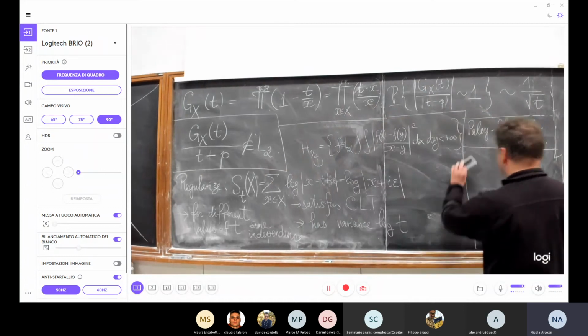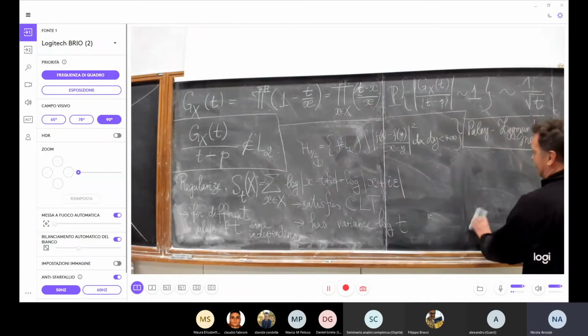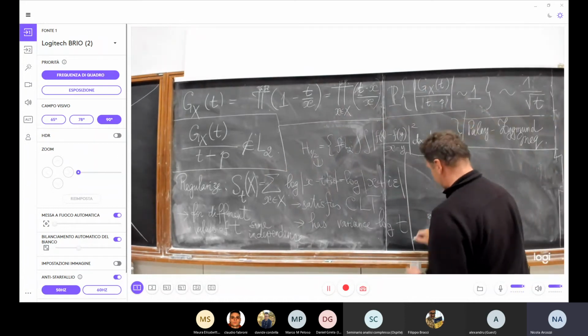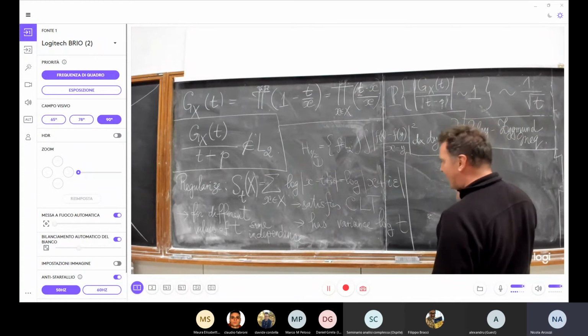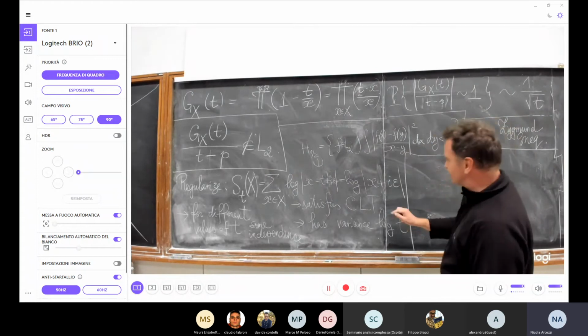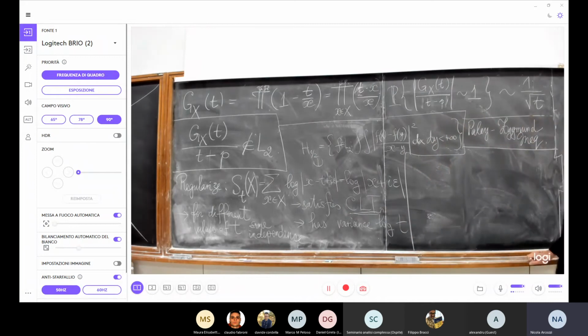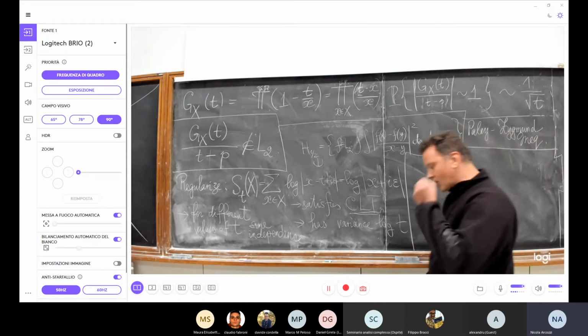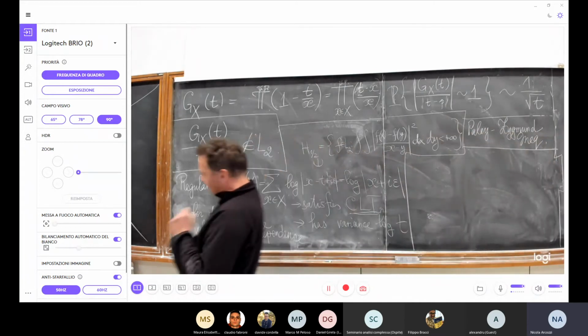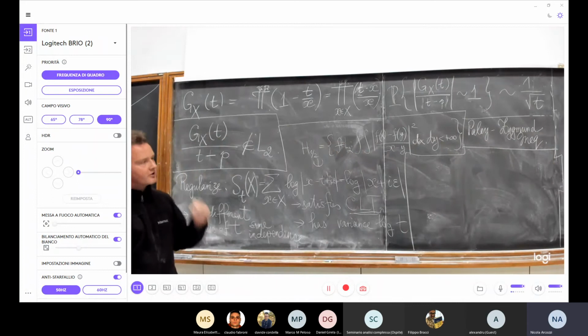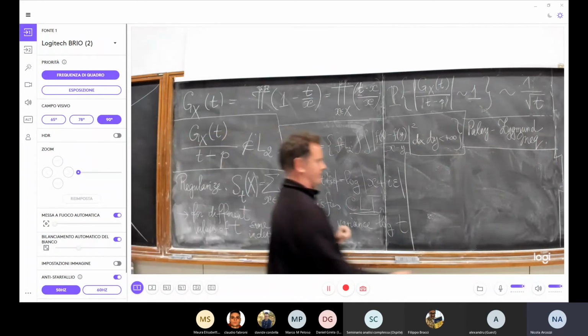And in the remaining couple minutes, let me just say the main point in proving this central limit theorem. So this central limit theorem is proved using the Szegő theorem, but here I need not only the strong Szegő theorem, but in fact the strong Szegő theorem with a remainder.